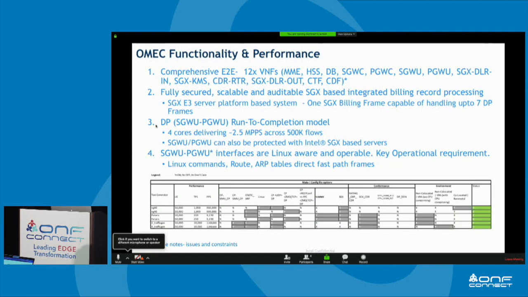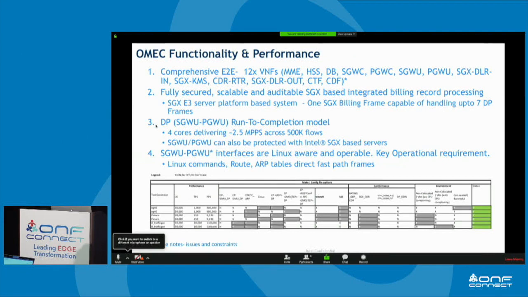We also have the scalable and auditable SGX billing system. The way the billing system application has been designed, it is supposed to run on SGX enabled machines. Today we only have the Xeon E3s.